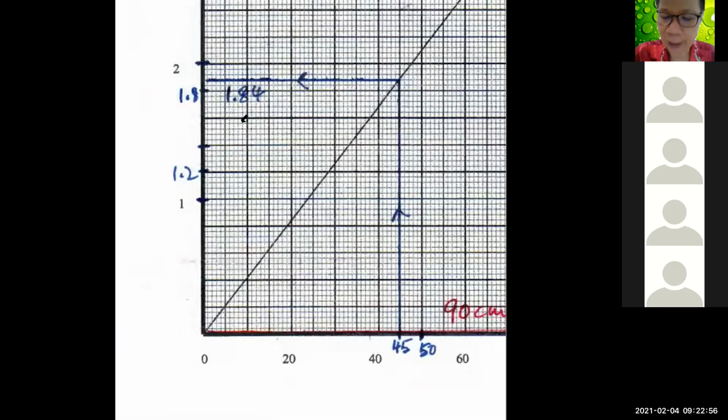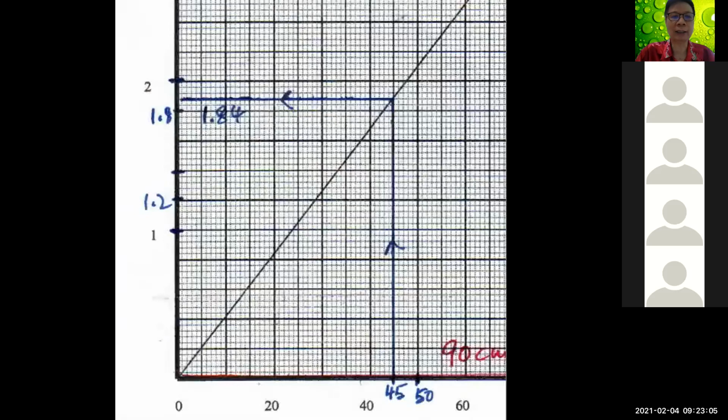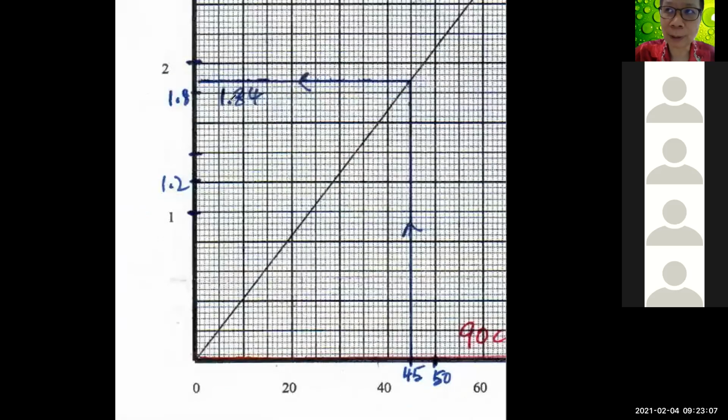But not done yet. 1.84 is not the final answer yet. Why not the final answer yet? Yes, because this 1.84 actually is T squared, not T. You see the y-axis is T squared.